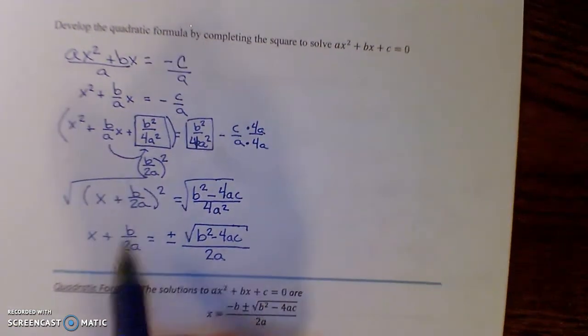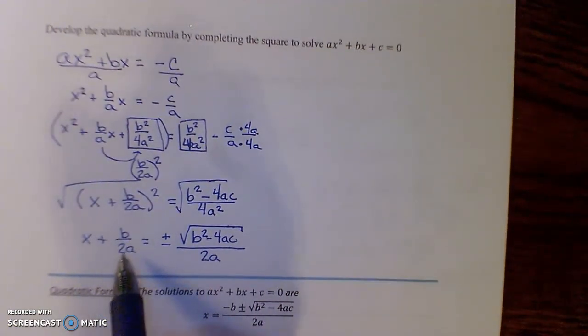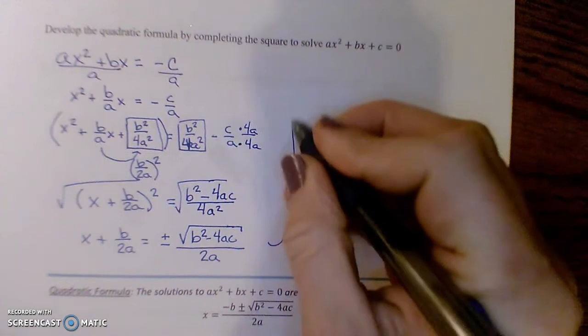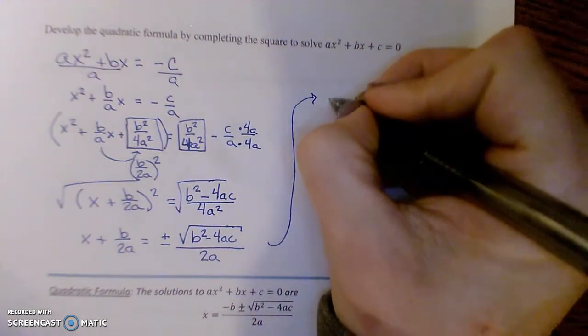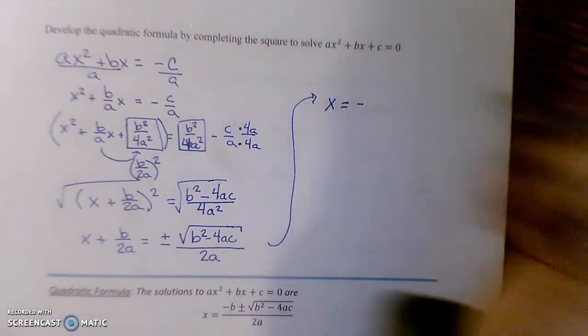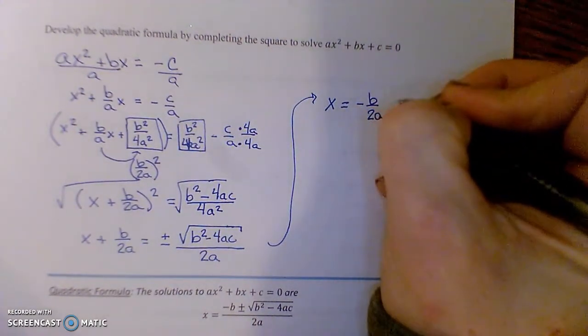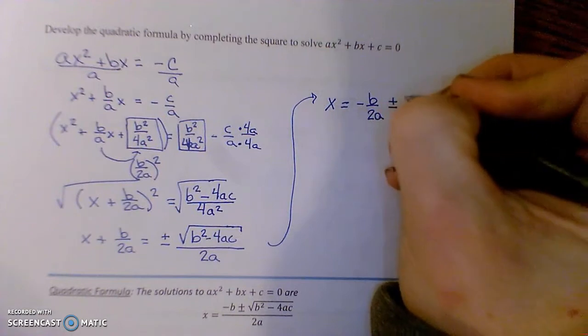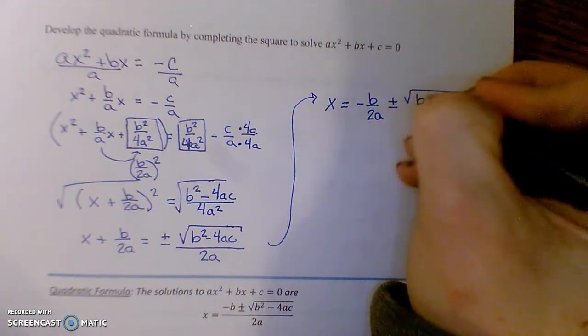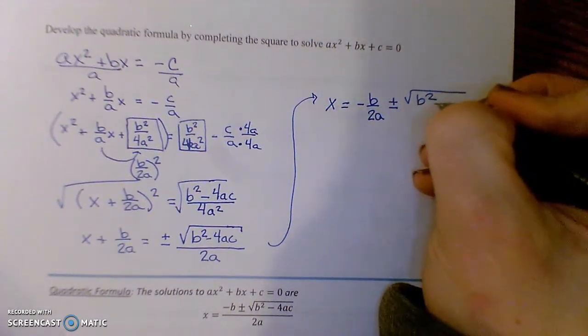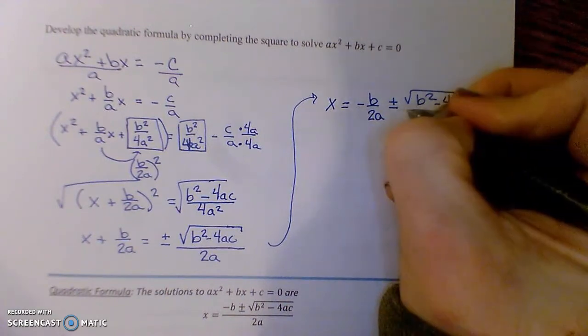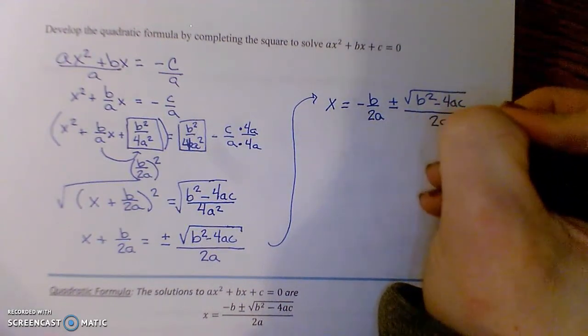Okay, now we're almost done. All I'm going to do now is subtract b over 2a from both sides. And what I get is x equals negative b over 2a plus or minus the square root of b squared minus 4ac all over 2a.